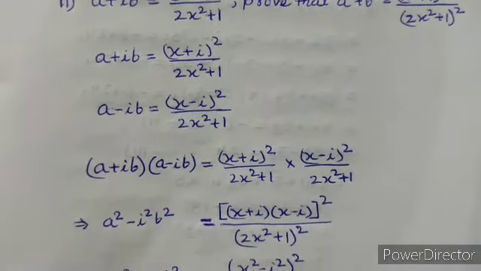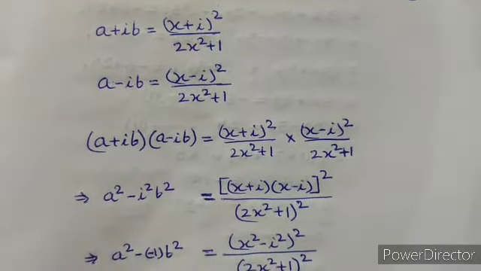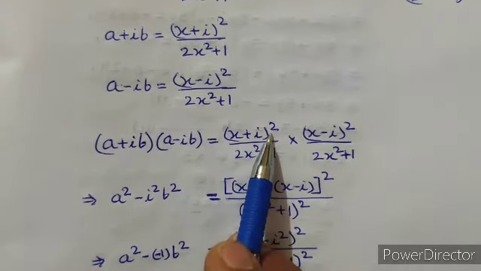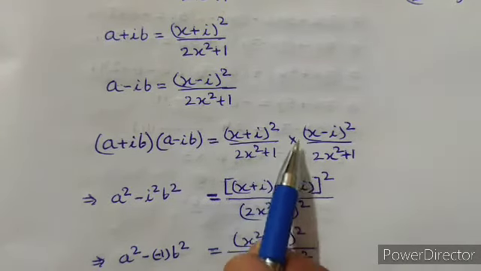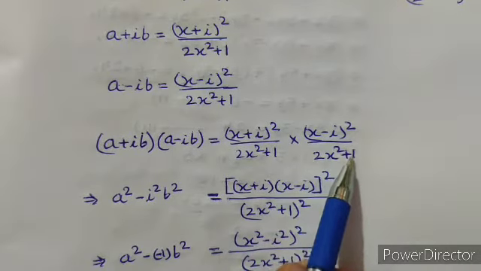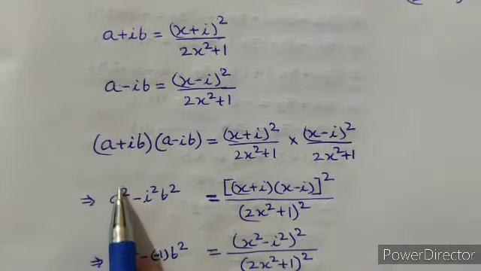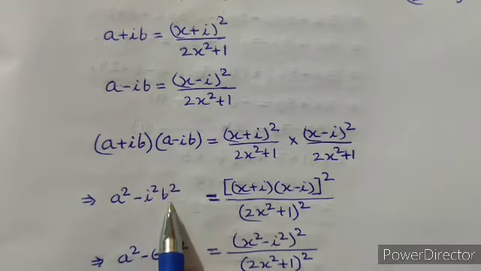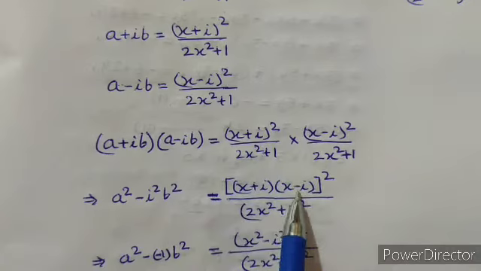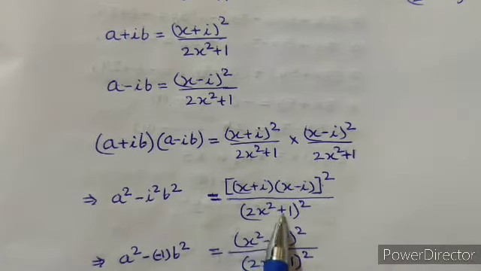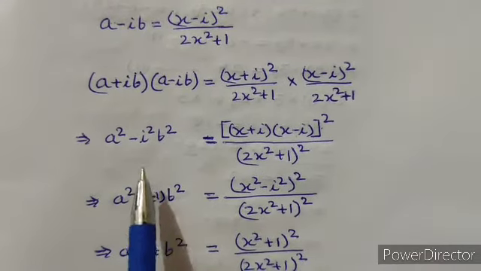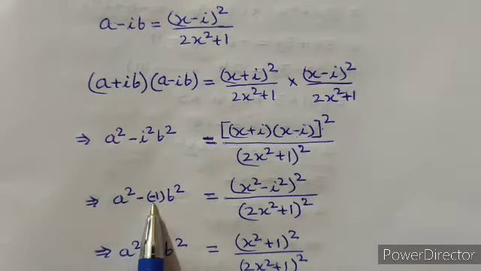Now the product of a + ib and a - ib will be equal to (x + i) whole square upon (2x square + 1) into (x - i) whole square upon (2x square + 1), and this will give us a square - i square b square equal to (x + i) into (x - i) whole square upon (2x square + 1) whole square, as i square is equal to -1.